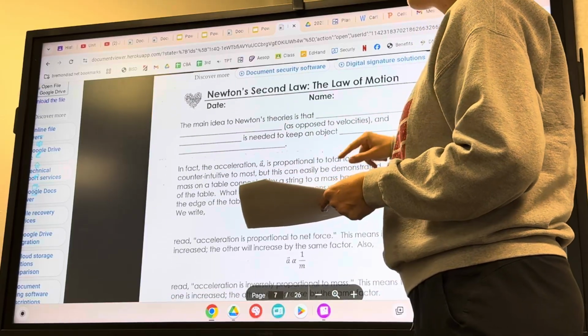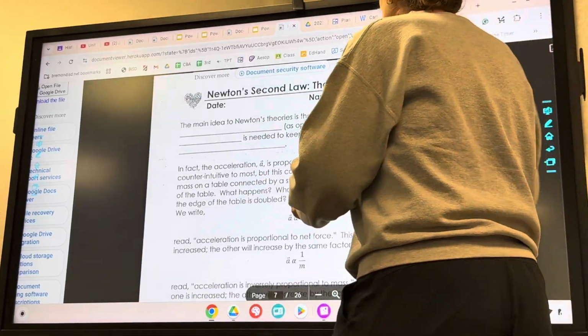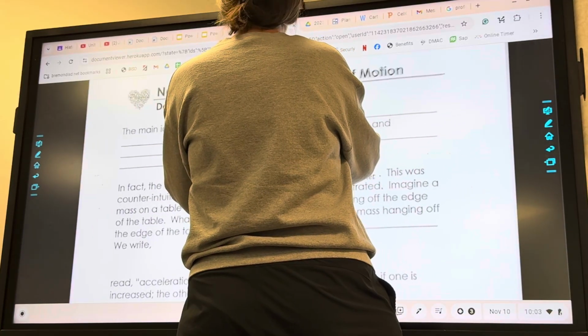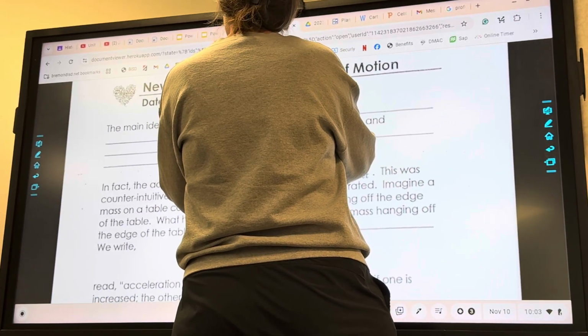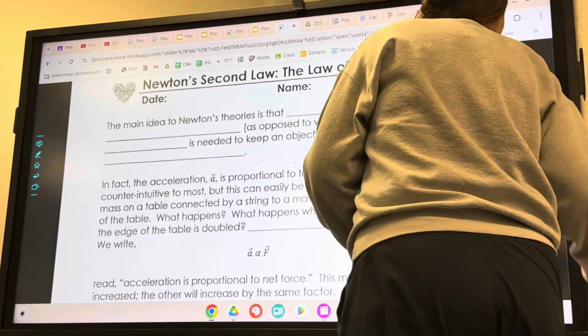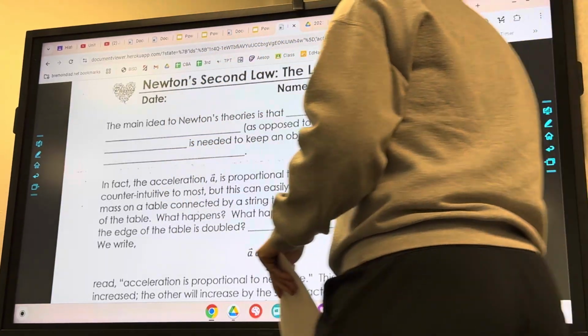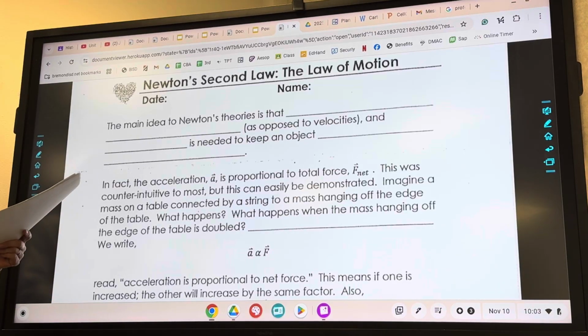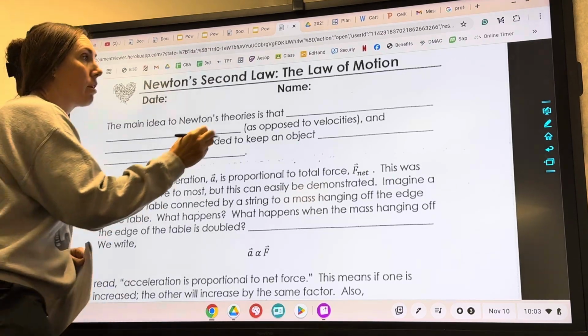Okay, so you're going to learn some new terminology with our already known scalar and vector nomenclature. Okay, so Newton's second law of motion. The main idea to Newton's theories is that forces cause accelerations.